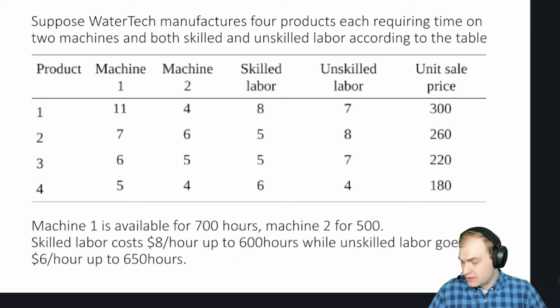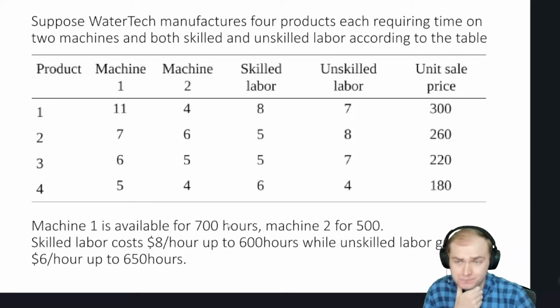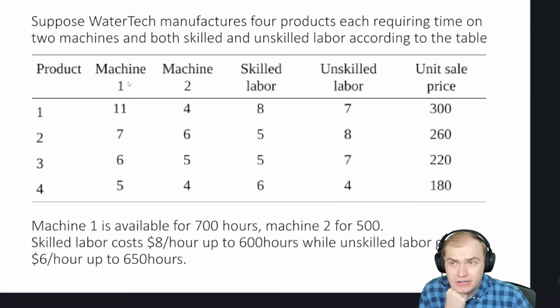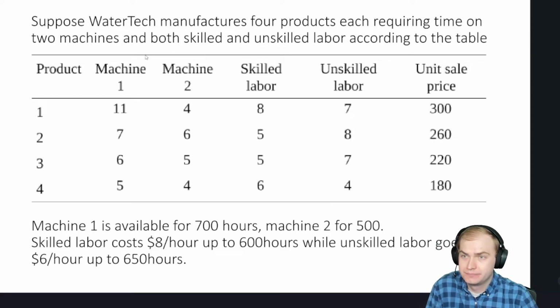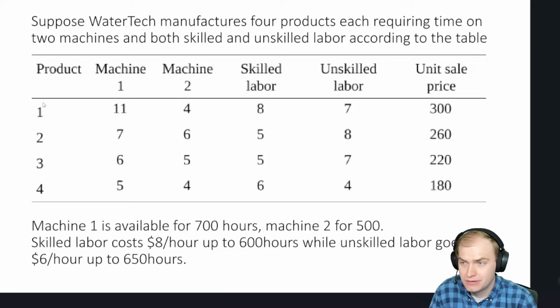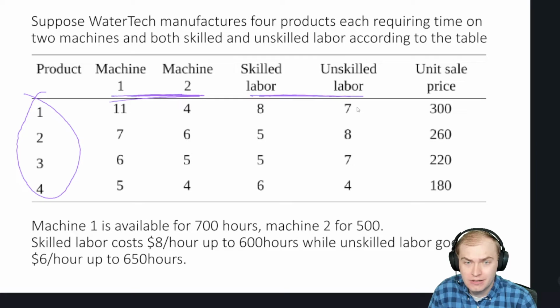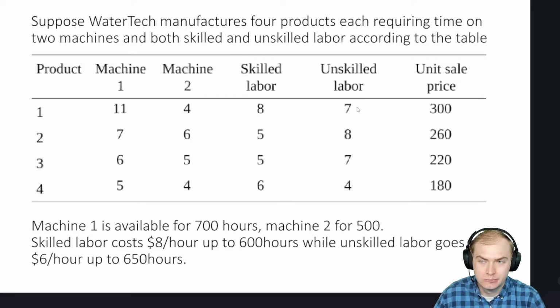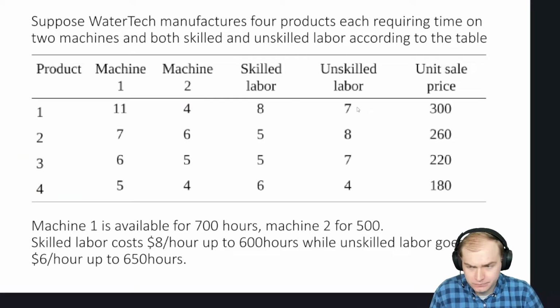So this is an example from the reading that was assigned for today. We have a water tech company. They are manufacturing some things, and each product requires some time on each machine and some level of labor from employees.